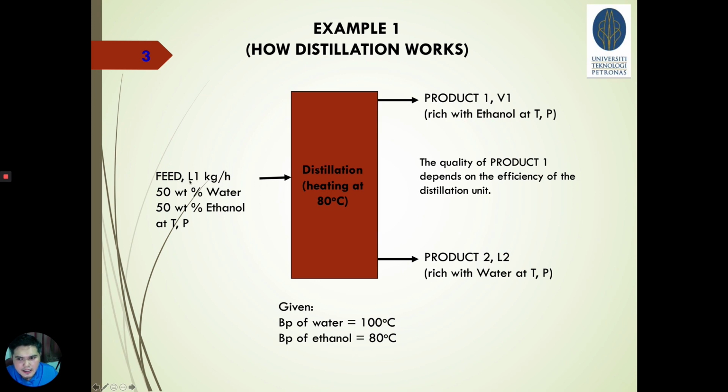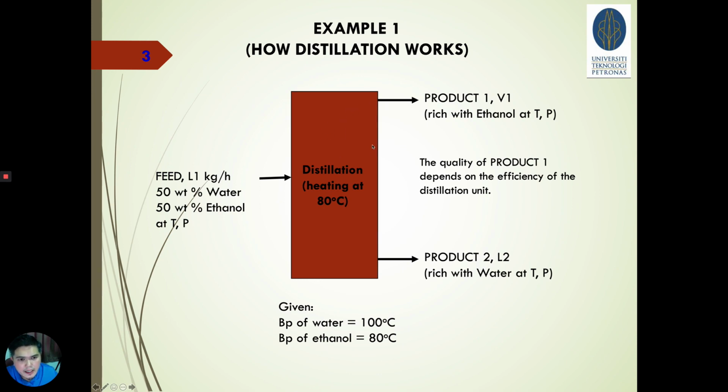This feed enters the distillation, and because ethanol has a boiling point of 80 degrees Celsius, we maintain the distillation heating only at 80 degrees Celsius. That's the maximum boiling point, so that the ethanol will go to the top and be distilled here.